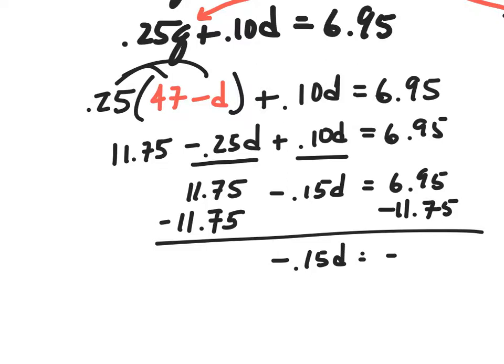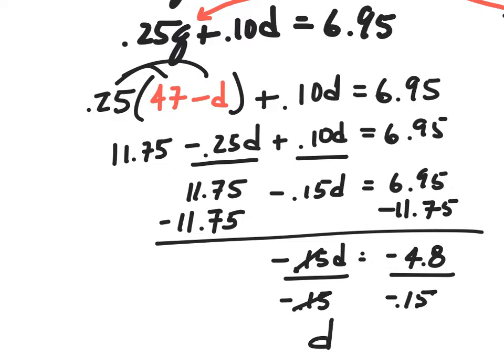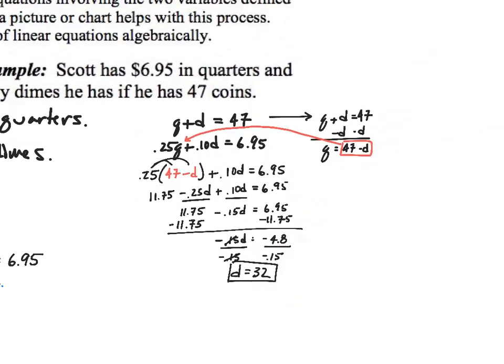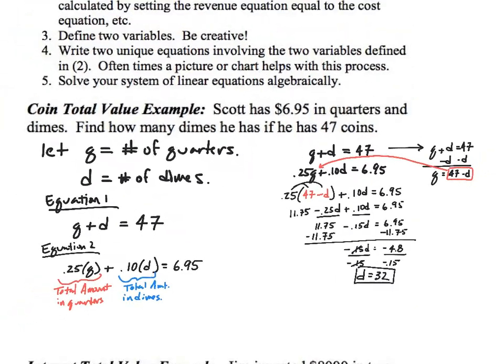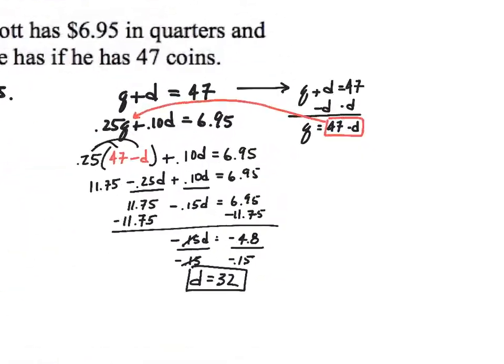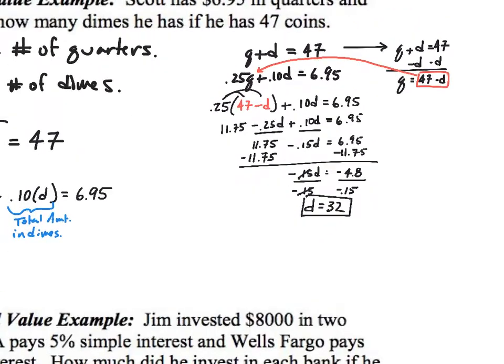Now if I divide both sides by negative 0.15, these are going to divide out, and the number of dimes that I have is equal to 32. That's what we want to know: how many dimes if he has 47 coins. So we can just write here that we have 32 dimes.